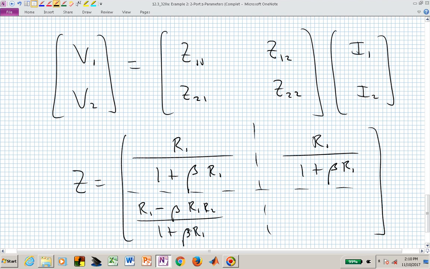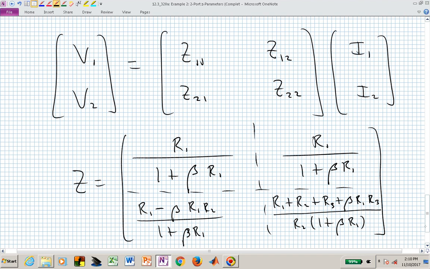You can see now that because of that dependent source, the off-diagonal terms are not equal like they have been in some of our previous examples. And Z22 is now R1 plus R sub 2 plus R sub 3 plus beta R1 R sub 3 over the same denominator. No, this one's a little different. This is now R sub 2 times 1 plus beta R sub 1. And that's now our Z parameters.